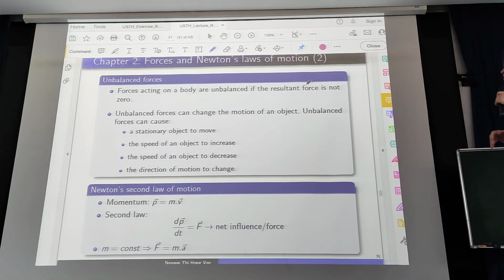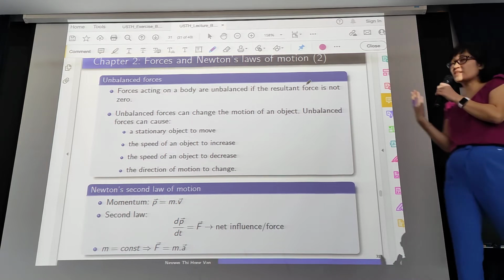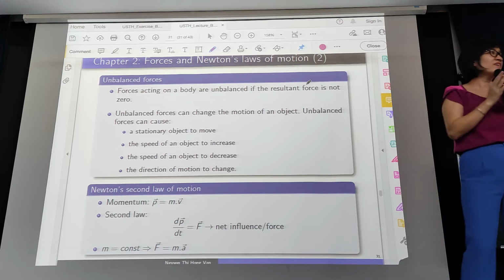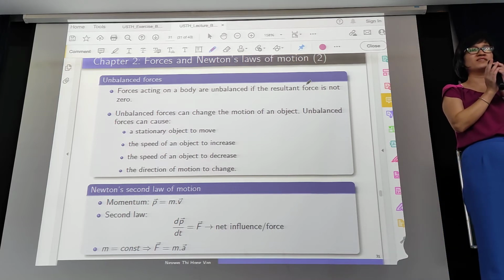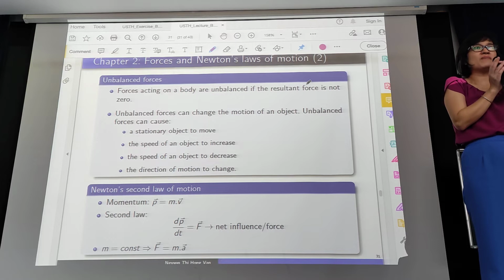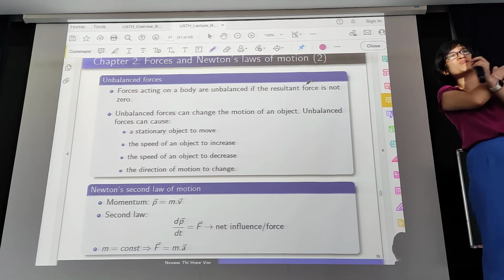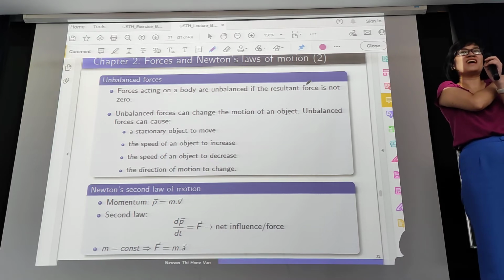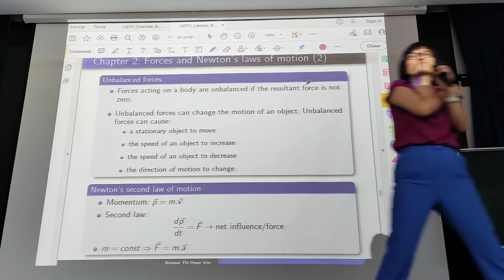Okay? So the unbalanced force can change the motion of an object. First, it can cause a stationary object to move. Firstly, I'm stationary, and then if I'm acted on by an external force, someone pushes me, then in this case the total force acting on my body is not balanced anymore, and I'm moving.